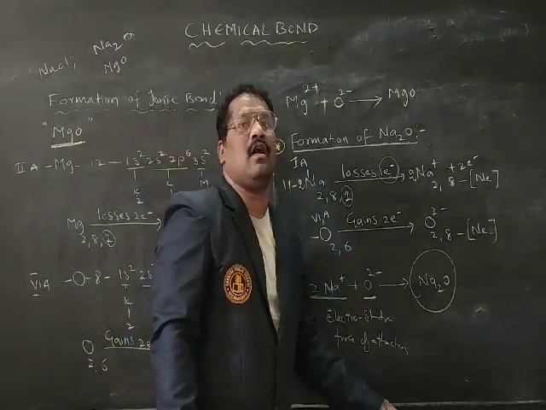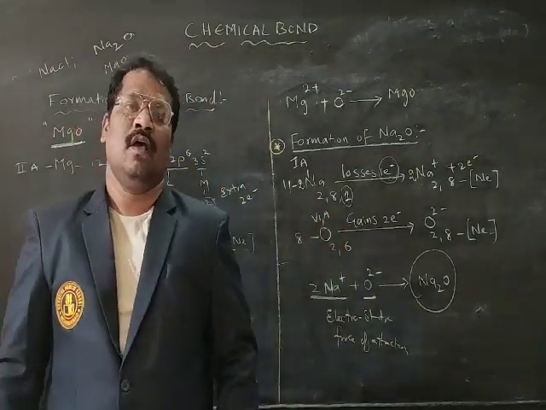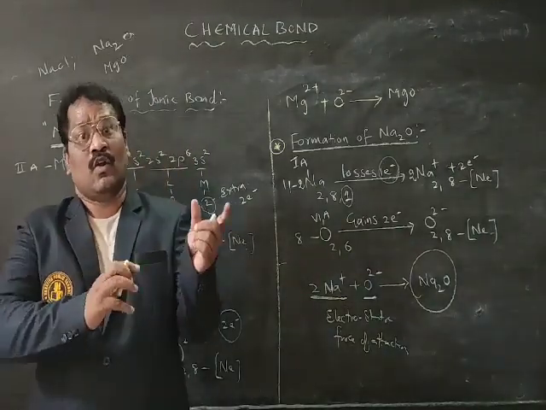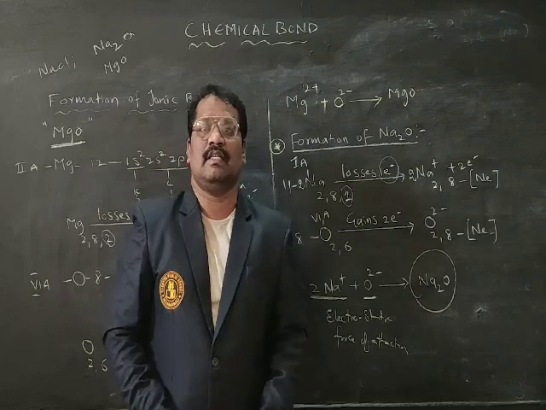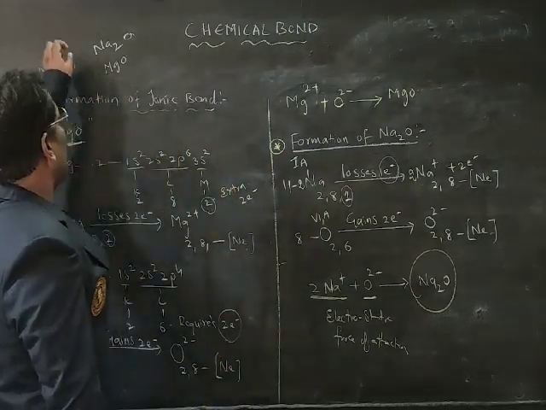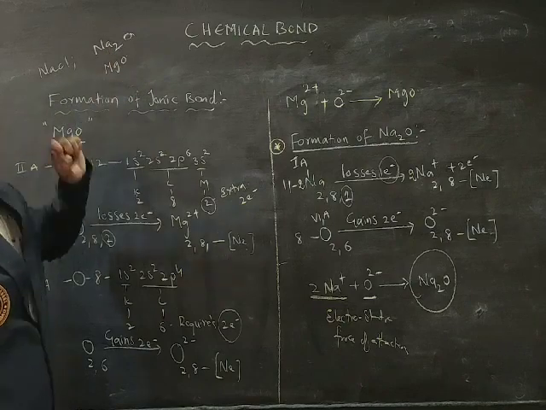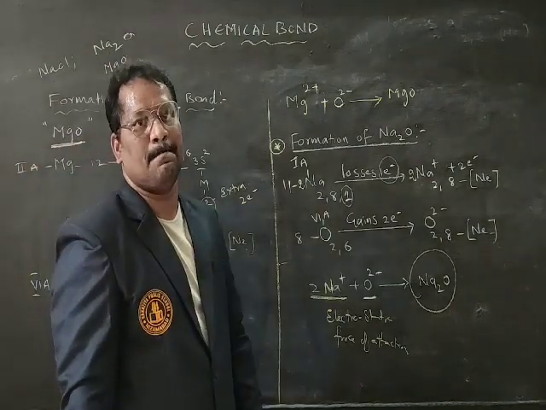These are a few examples of how an ionic bond forms between 2 dissimilar elements, such as sodium chloride molecule, sodium oxide molecule, as well as magnesium oxide.